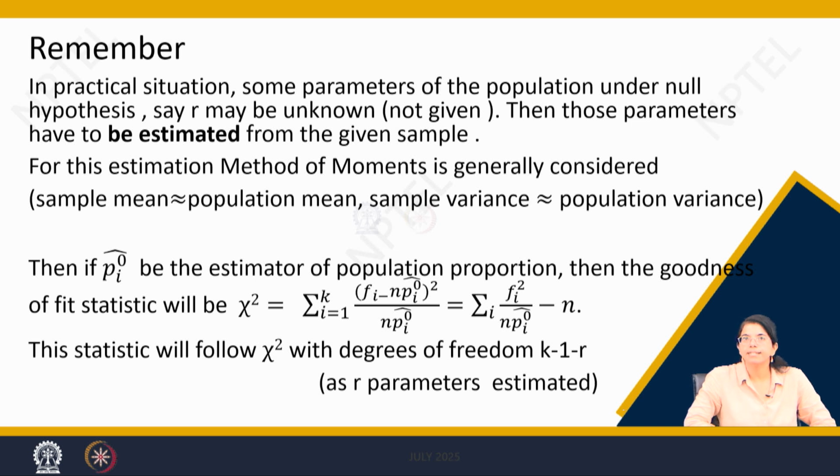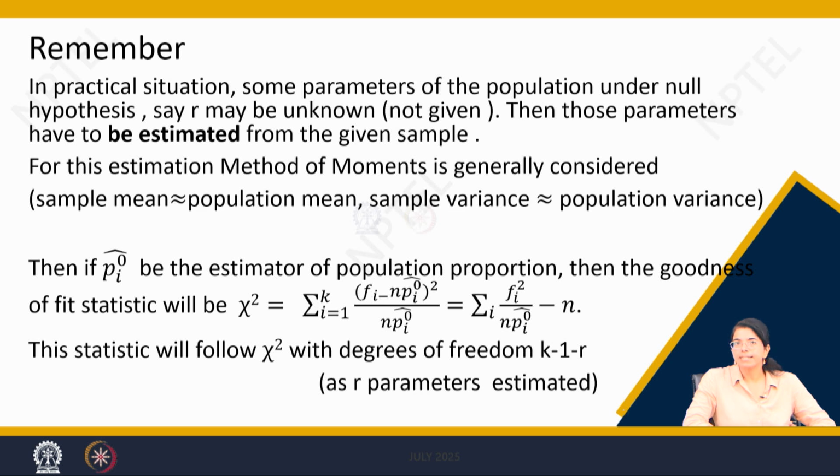Remember, in a practical situation, some parameters of the population are unknown. Suppose you are estimating a normal population. Normal has two parameters, one is mu, the mean, and another is the variance, sigma square. Suppose you don't know that mu and variance, then you have to make an estimate of those parameters.